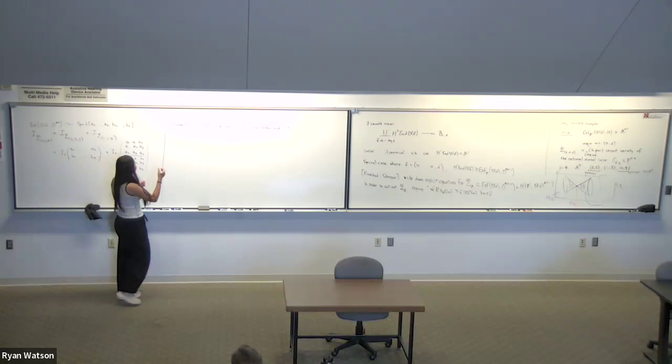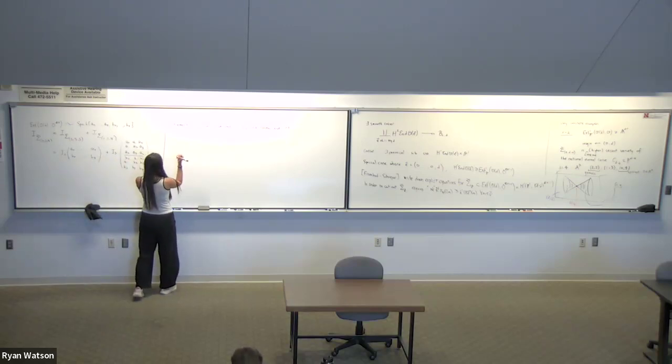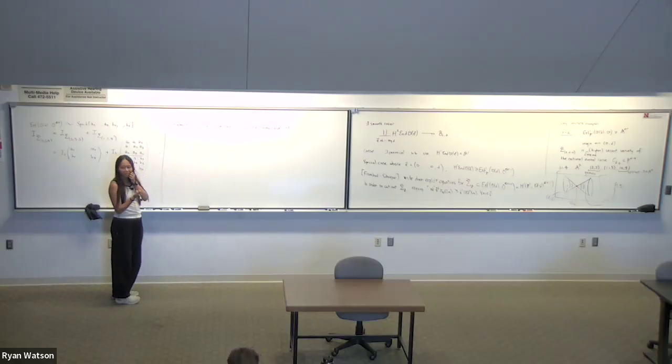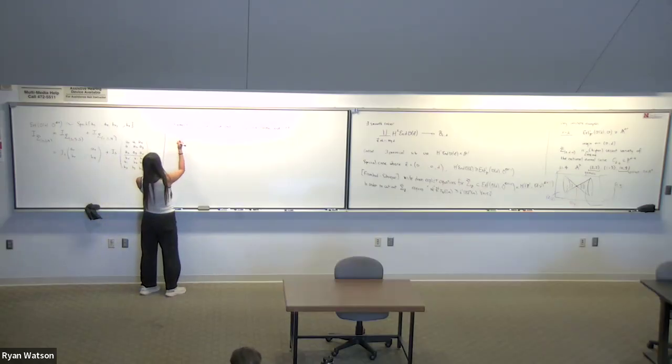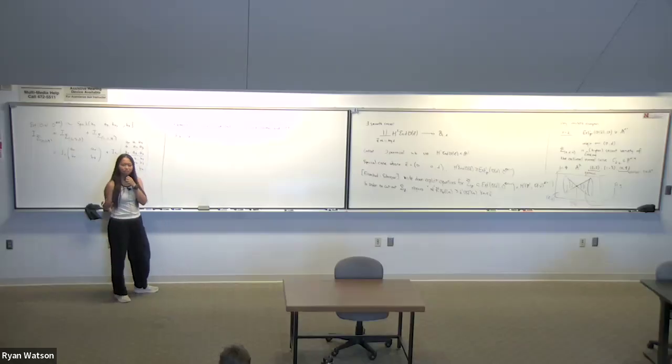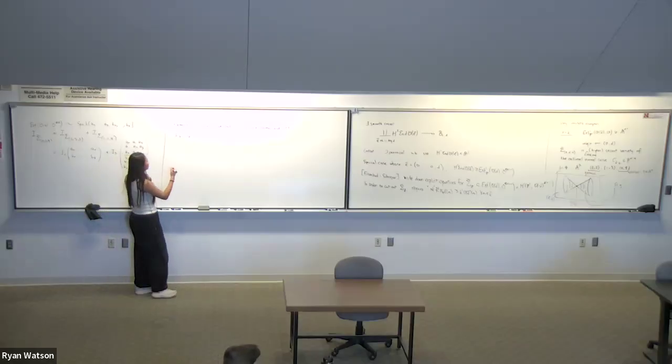Yeah, so what I'm going to talk about is a resolution of singularities. And I guess to do that, I have to define a few things. Right, so let's fix some R and D that corresponds to the rank and degree of my vector bundle.